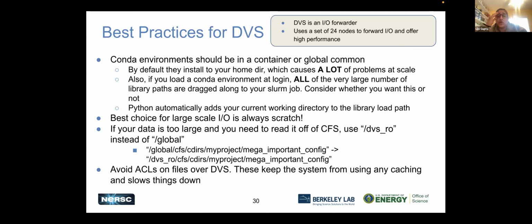It works really well, but there are certain things that are a little finicky that we have some best practices for. I'll go back to the CFS thing in a moment, but one of them is something you need to use to make your codes run a little bit faster.